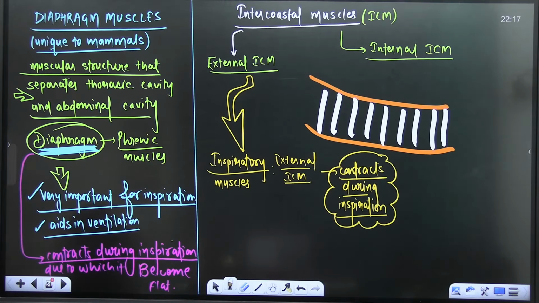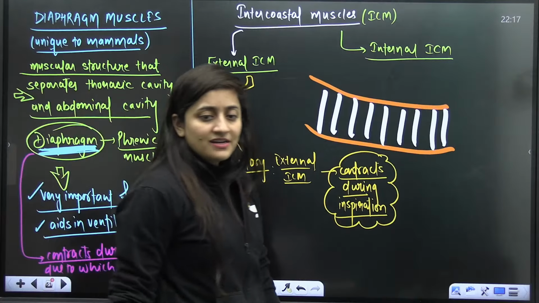Sure. So between two ribs you have muscles. You call them intercostal muscles, and they are of two types. Okay, done. So this part is clear.